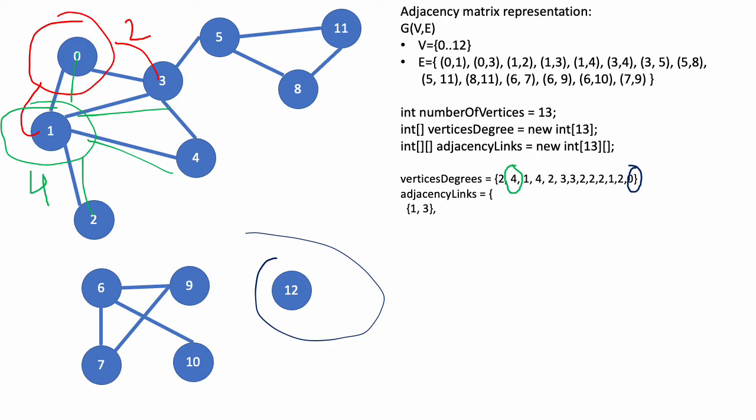So for 0, you can see that we have 1 and 3, which are the two adjacency elements of 0.